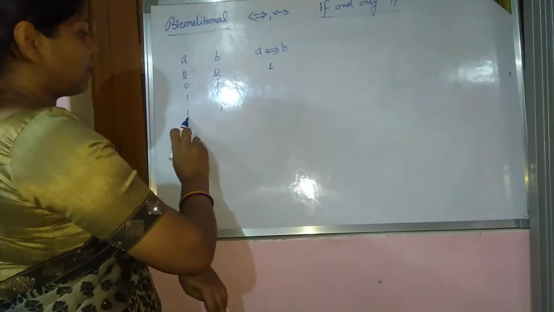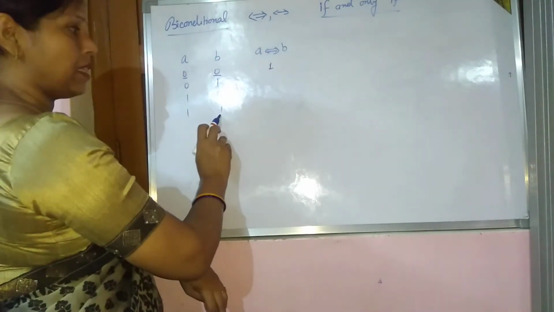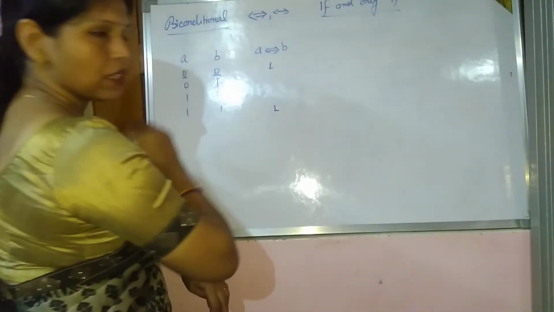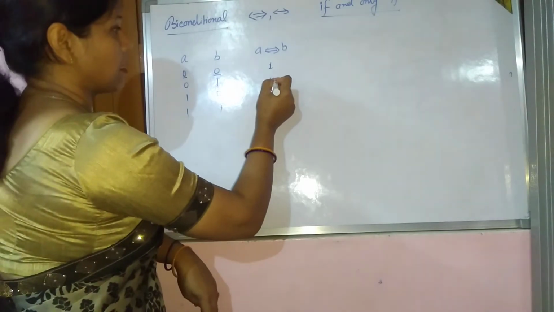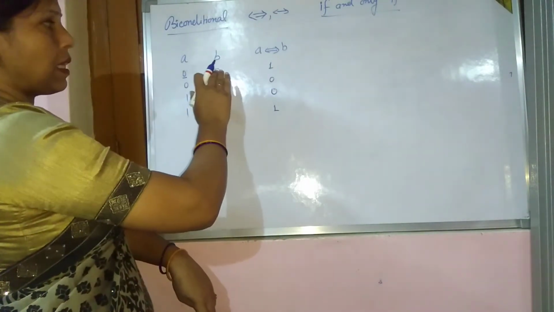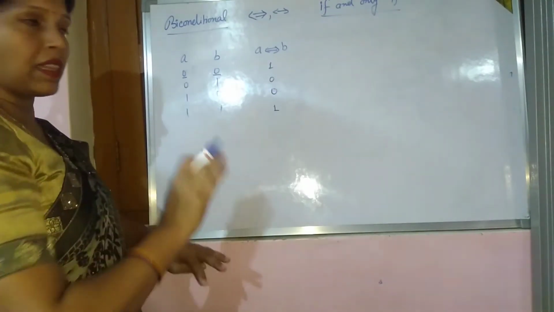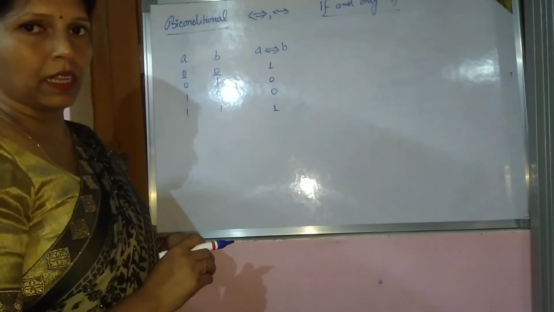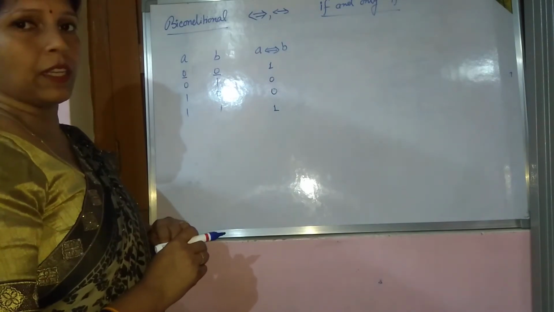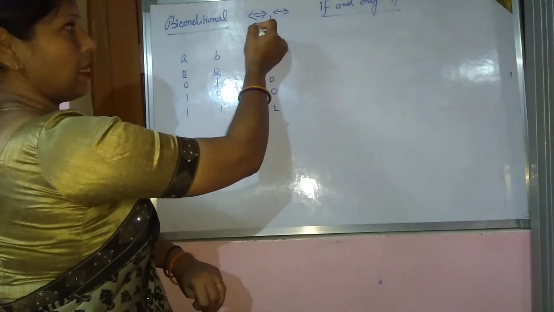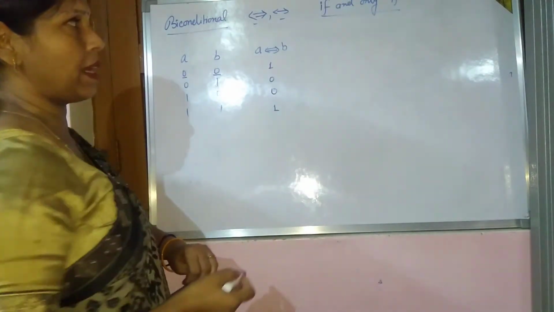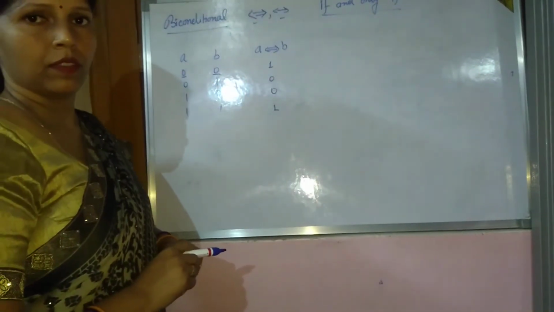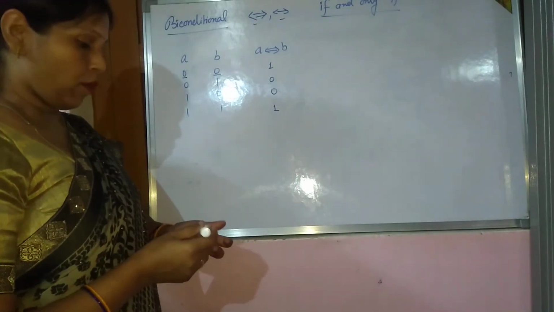See the last one: A is 1 and B is 1, A and B both are true, so the result is 1, true. Otherwise the result is 0. If all the statements are the same, then the result is true, otherwise the result is false. It's a biconditional. We denote it by this sign, and we use it to connect one proposition to another with if and only if. Clear?